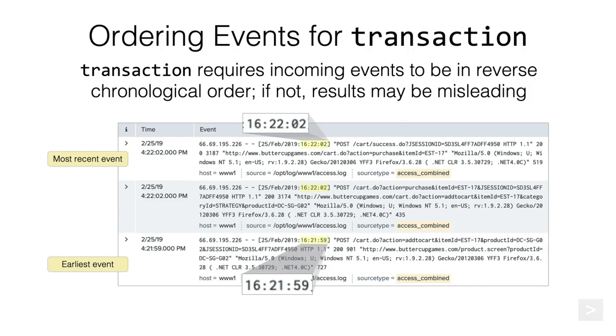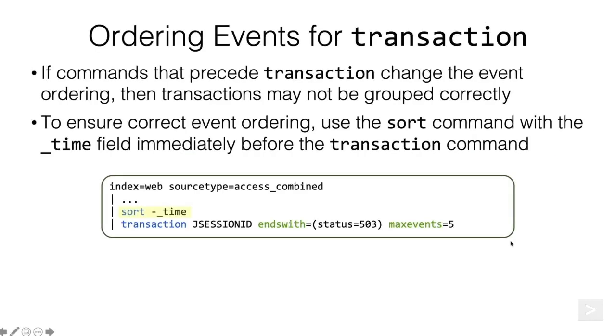However, it is possible to configure the results to be resorted in a different order. In that case, to be sure that the events are being returned in reverse chronological order, we can use the sort command on _time, sorting _time in descending order to be sure that these events are organized properly for the transaction command.